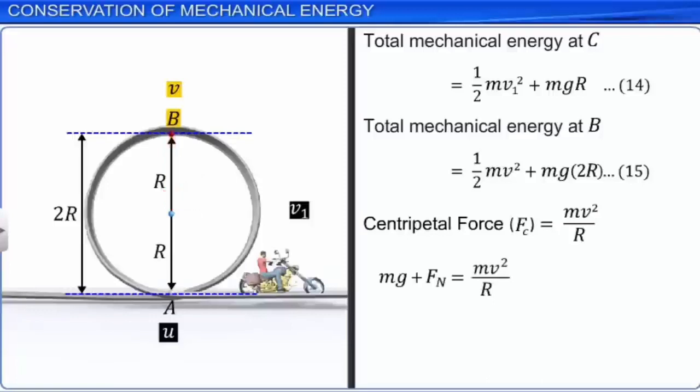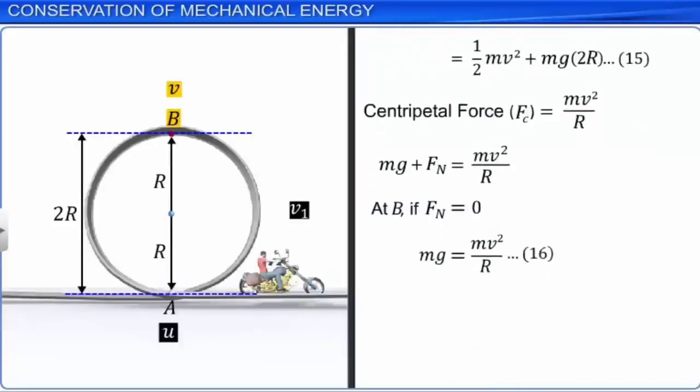When the speed at position B is decreased, the centripetal force decreases, and hence the normal force. To complete the motion along the circular path, the speed at B should be minimum such that the normal force on the bike is 0. Thus, mv square by r must be provided by mg, which is denoted by equation 16.